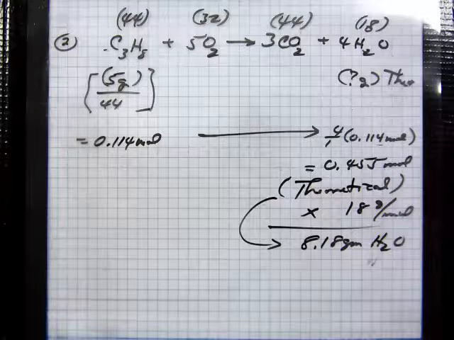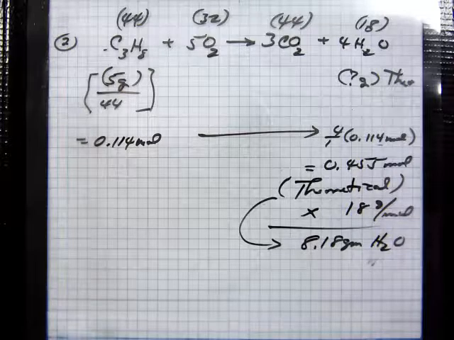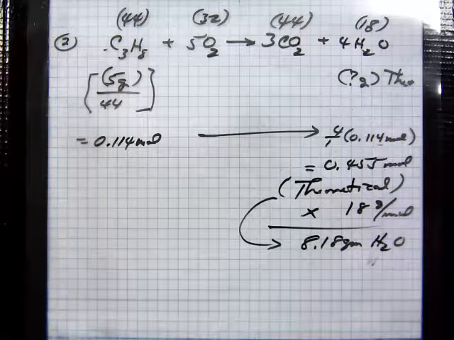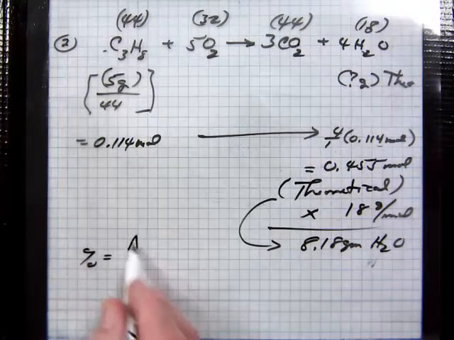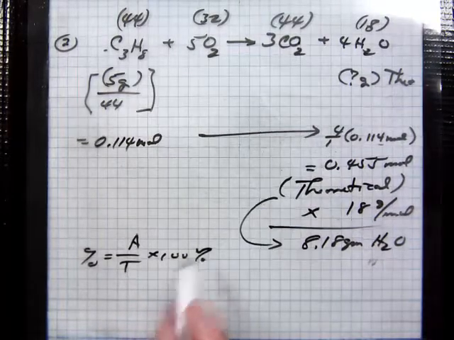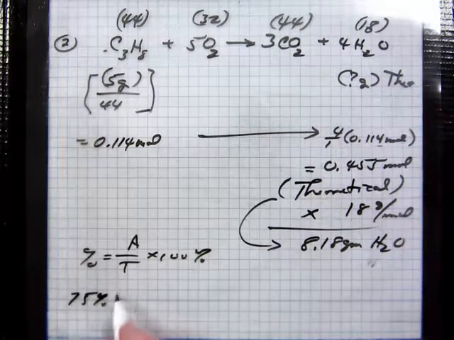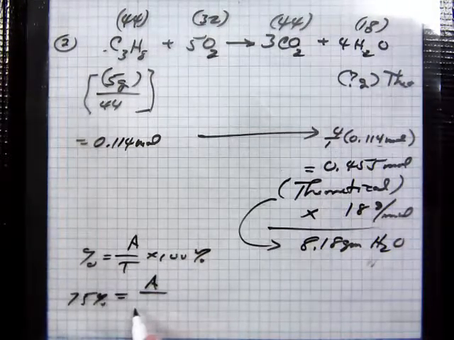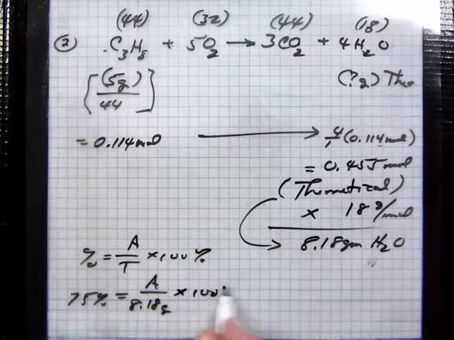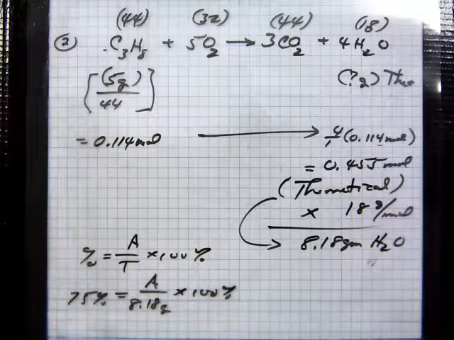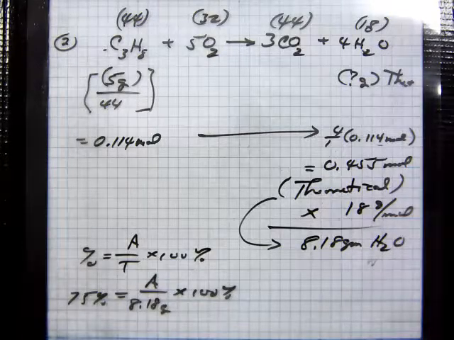Theoretical yield there. What did they give us on the actual yield in there? I got a percent yield of 75%. How much water did I make? Okay. Well, you could use the percent equals actual over theoretical times 100% and solve for the actual. So if he got 75% yield as actual, theoretical 8.18 grams times 100, and solve for A. Everybody good? It's just a one variable algebra problem now.